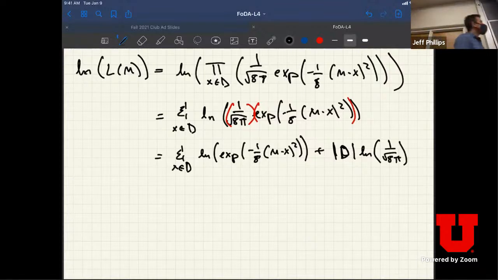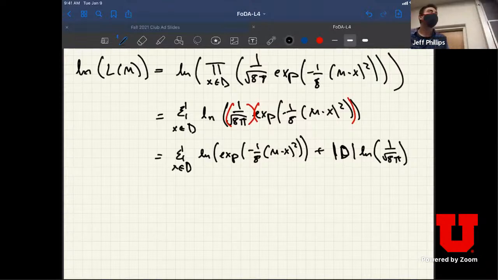Now this is starting to look a little bit better. In fact, this last term only depends on the size of the data and some constant, and it does not depend on the model. So when I'm doing argmax, I can ignore that term. That's good. I've factored out something I'm able to ignore.